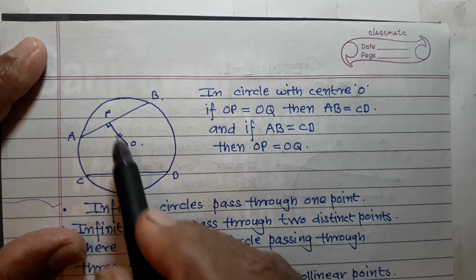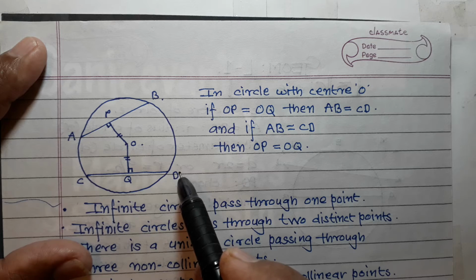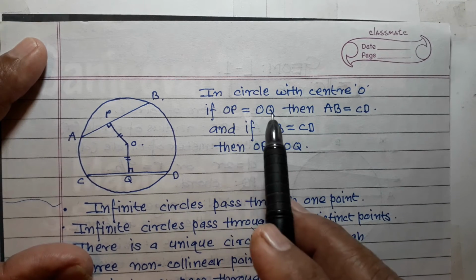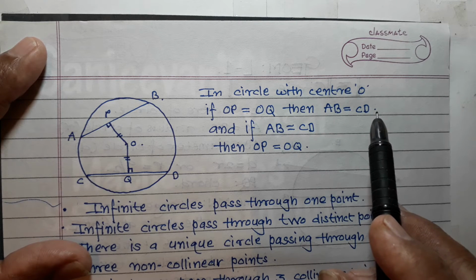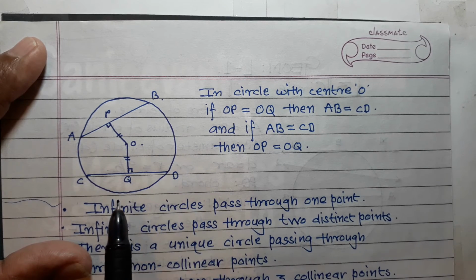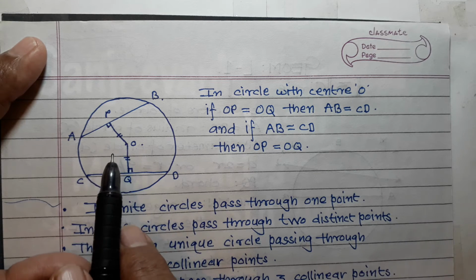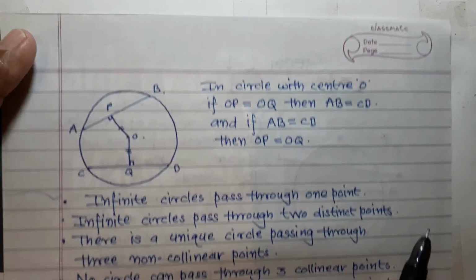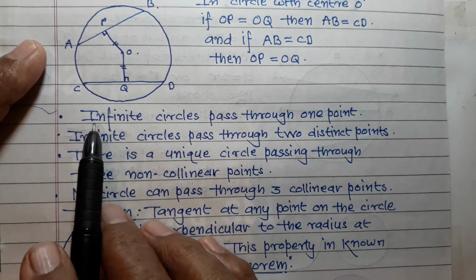If these distances are equal, then these two chords are congruent. In a circle with center O, if OP is equal to OQ, then AB is equal to CD, and if AB is equal to CD, then these distances are equal. So this is the converse of the theorem.